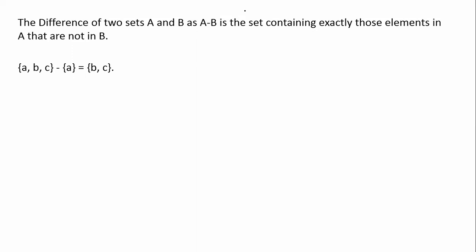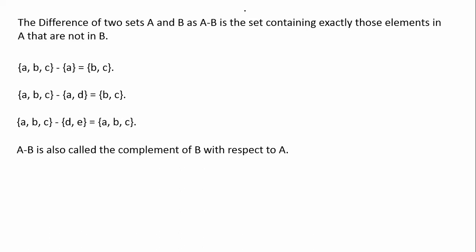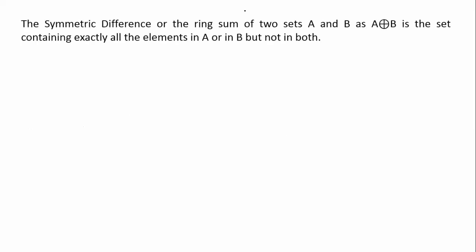So relative complement of B relative to A. Here you can see some examples of minus, and A minus B is also called the complement of B with respect to A. We know A minus B equals A intersection B complement.